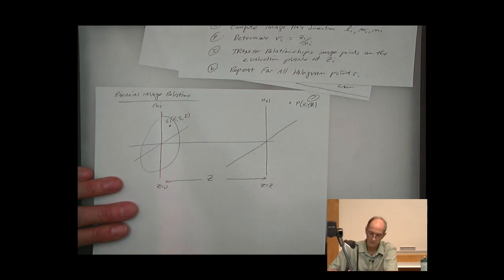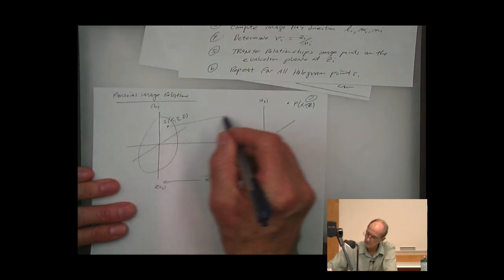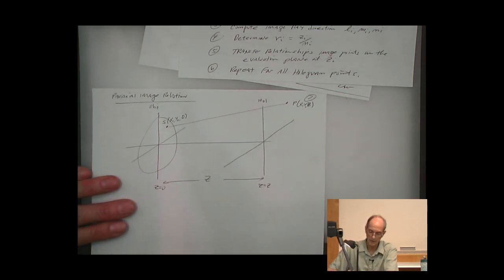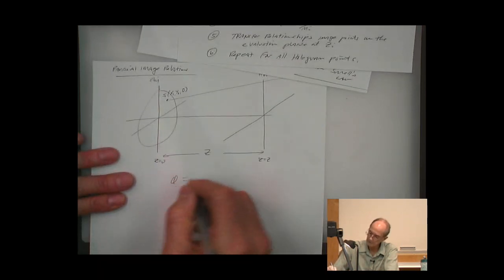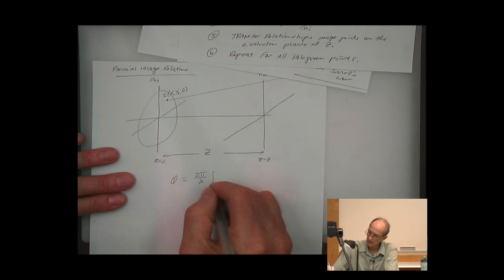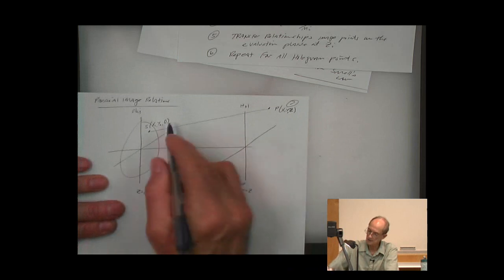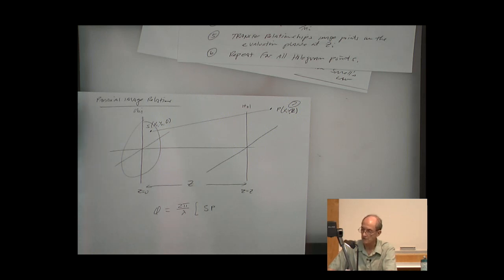Okay, so if we want to know what the phase is, we can calculate that by taking the full path length there. The phase is going to be equal to 2 pi over lambda times this distance that we have, SP. Okay, but if we take that distance, we end up with a really large phase.